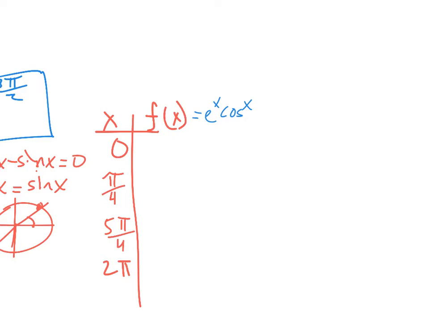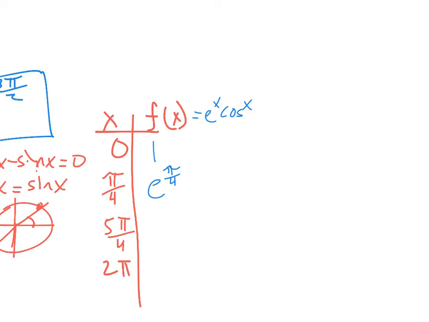So we'll remember our function is e to the x cosine x. So we'll plug in 0. Cosine of 0 is 1. e to the 0 is 1. So this is 1. Plug in pi over 4. And we're going to get e to the pi over 4. You might be saying, no, this is a non-calculator problem.